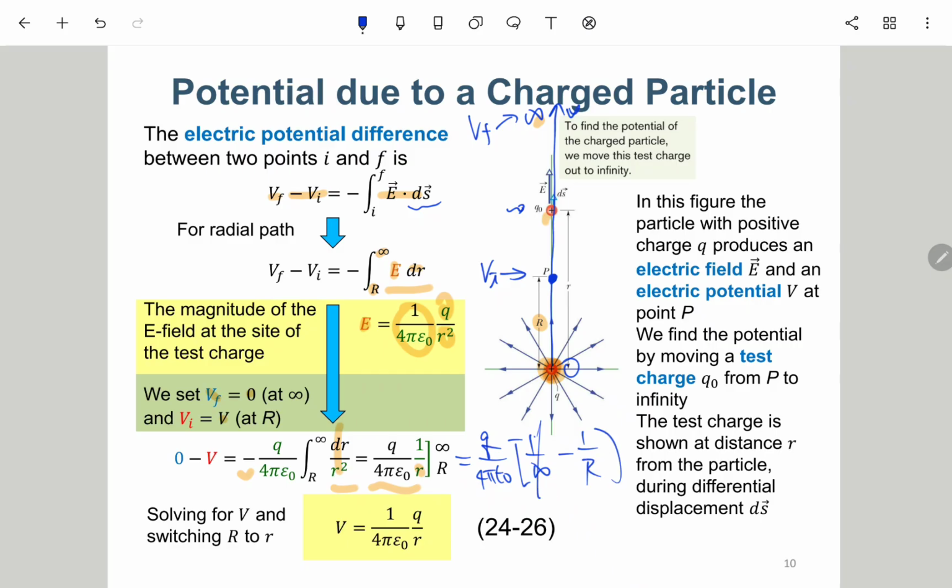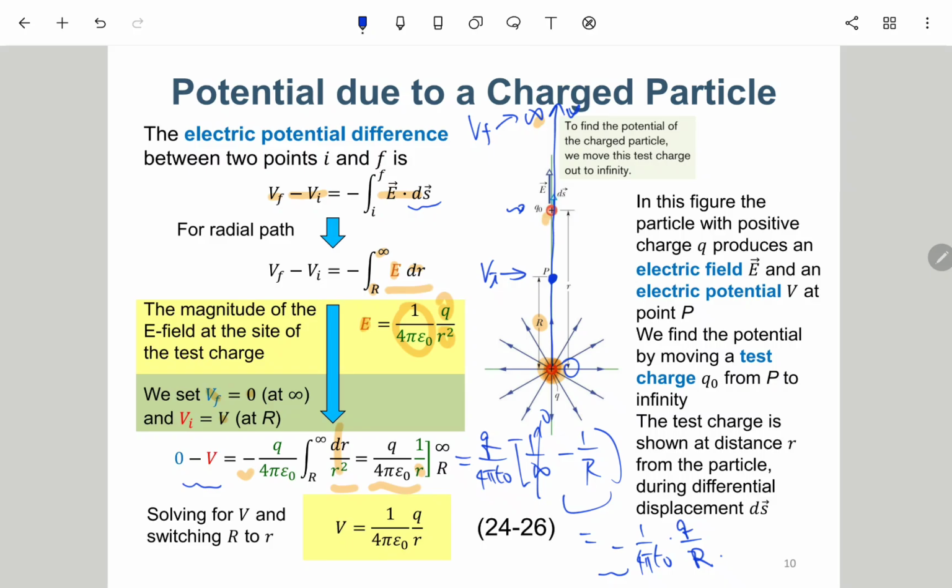The first term is 0, so this equals negative 1 over 4 pi epsilon naught times Q over capital R. We have a negative sign here and a negative sign on the other side, so multiplying negative 1 on both sides, V equals 1 over 4 pi epsilon naught Q over R.